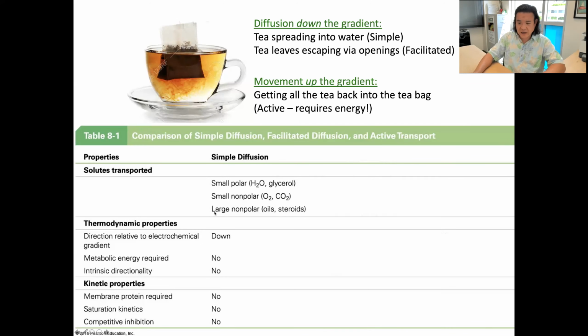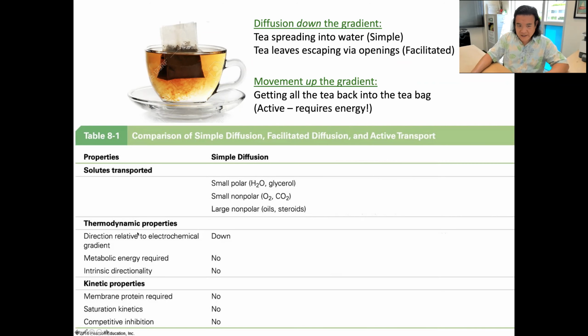And some larger molecules, as long as they're nonpolar, so in other words, they tend to be hydrophobic, can also move through the cell membrane just by simple diffusion. So things like oils, right? So fatty acids, not surprisingly, fatty acids can move through the phospholipid bilayer because after all, the phospholipid bilayer is just made up of fatty acids, right? So short fatty acids can move through. Steroids, right? Things that are based around cholesterol, they can also move through as well.